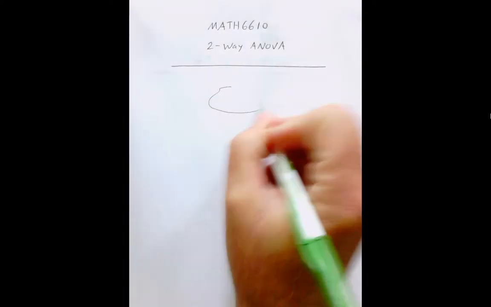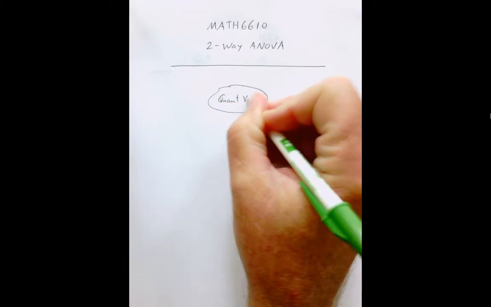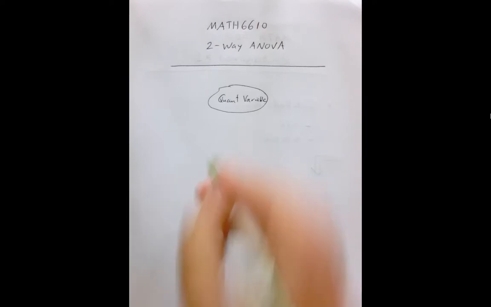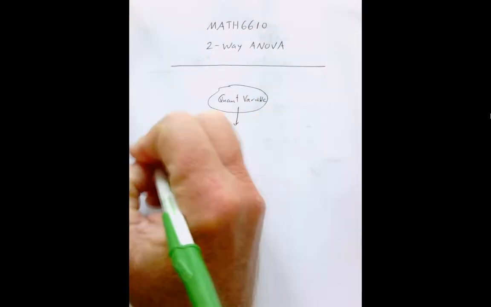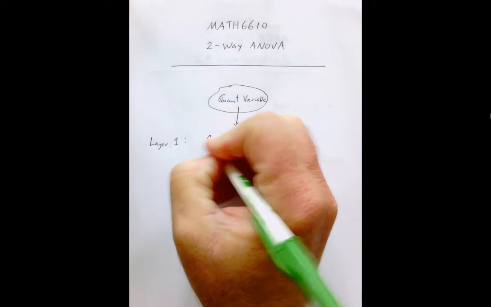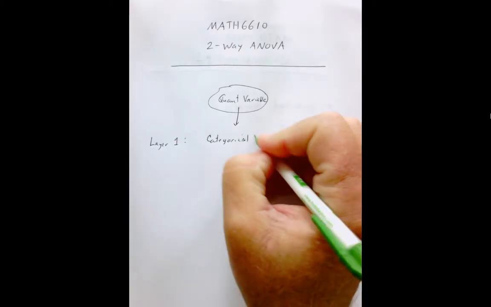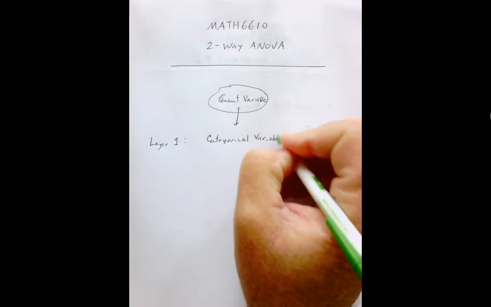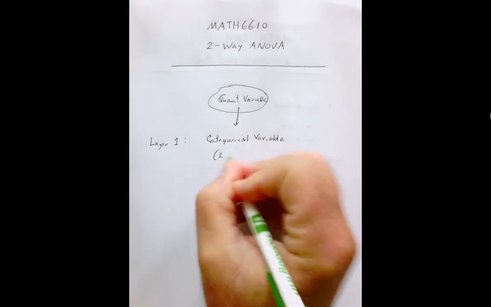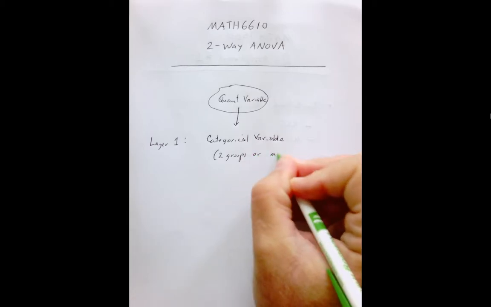we kind of imagine starting out with a quantitative variable. And I like to call this layer one. Layer one is a categorical variable. Now, in layer one, all we need here is two groups or more.